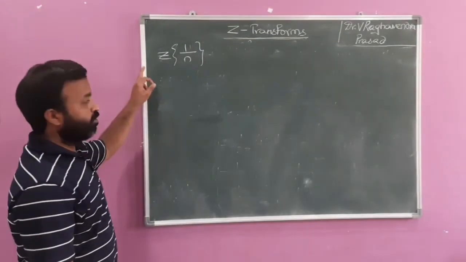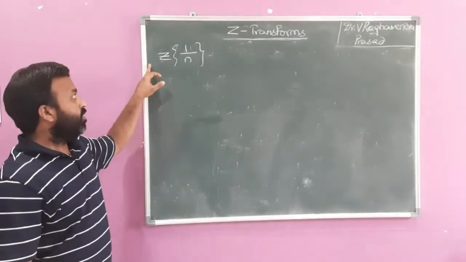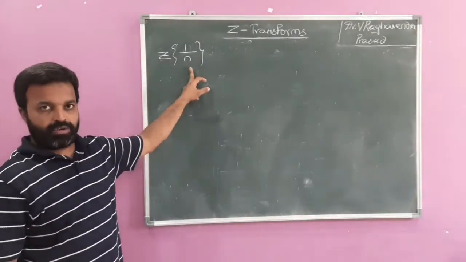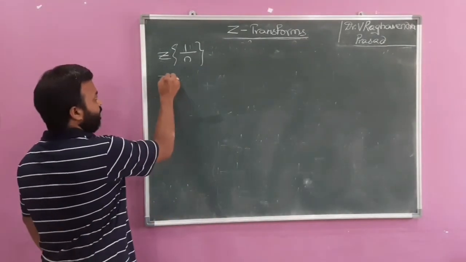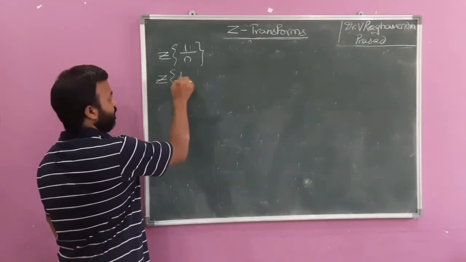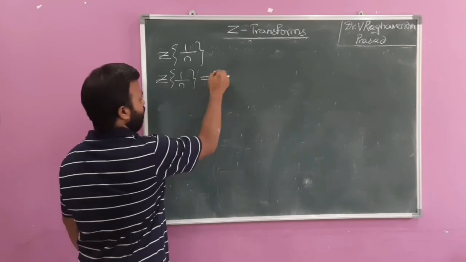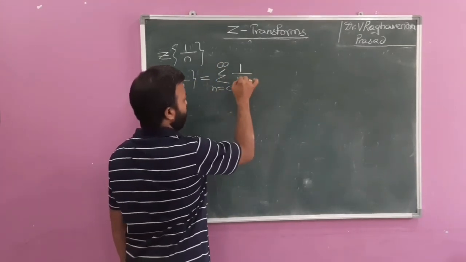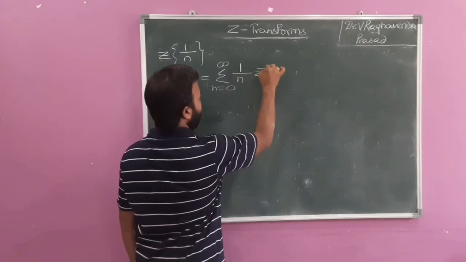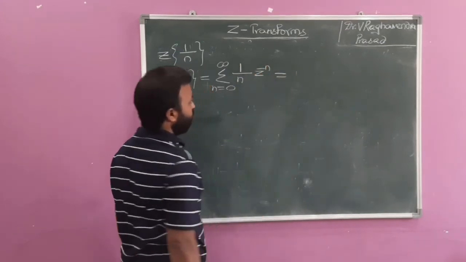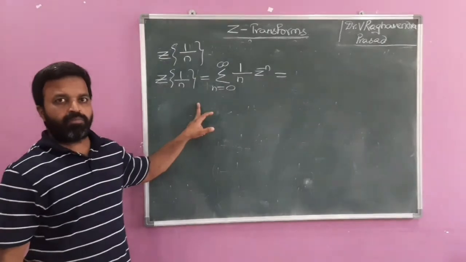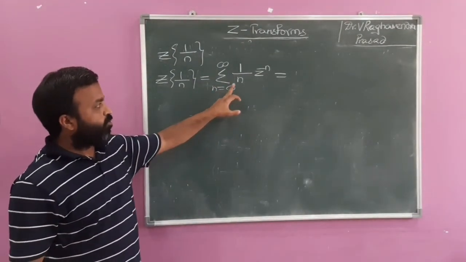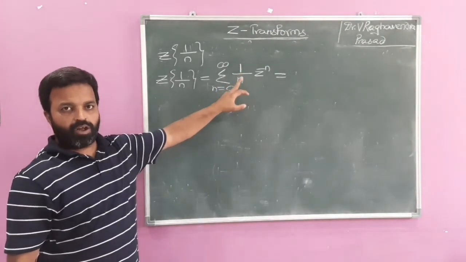Next we will find out the z transformation for f of n equal to 1 by n. That is z of 1 by n. By definition, z of 1 by n is sigma n equal to 0 to infinity f of n, that is 1 by n into z power minus n. Here the summation starts from n equal to 0 to infinity. Suppose we substitute n equal to 0, 1 by n is not defined.